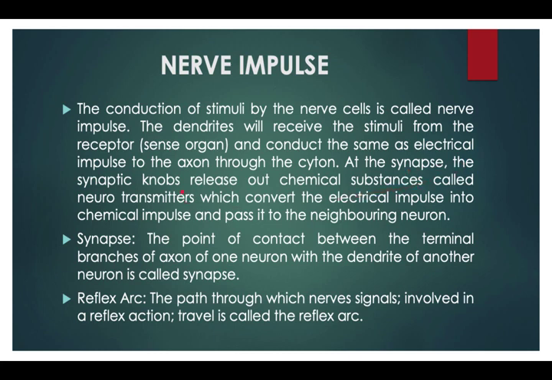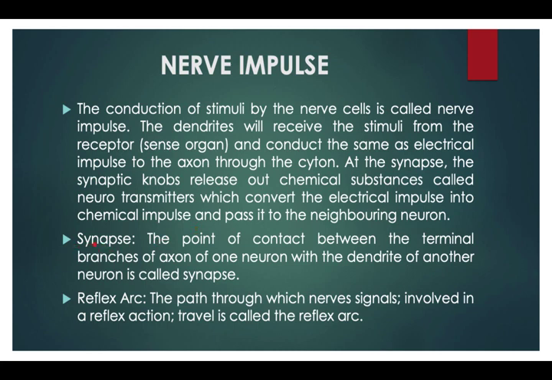The synaptic knobs at that junction release some chemical substances called neurotransmitters, which convert the electrical impulse into chemical impulse and pass it to the neighboring neuron. In that way, at the synaptic junction, the nerve impulses get transferred from one neuron to another neuron.